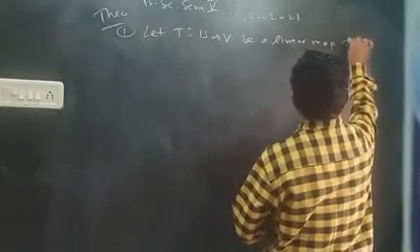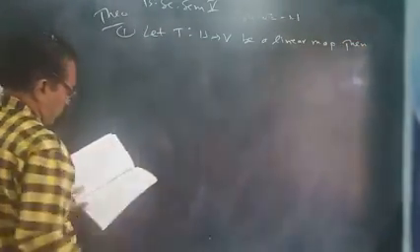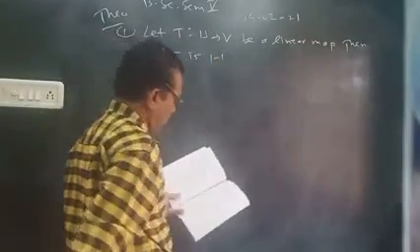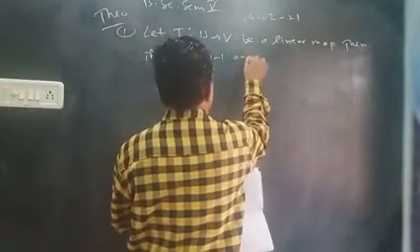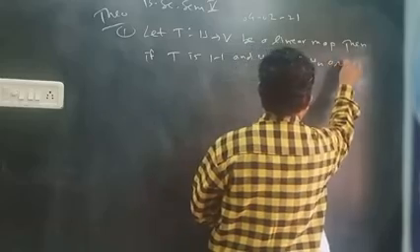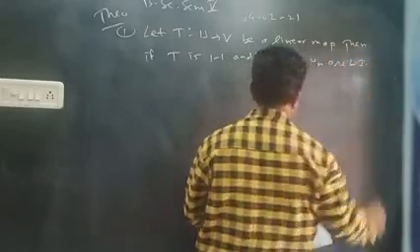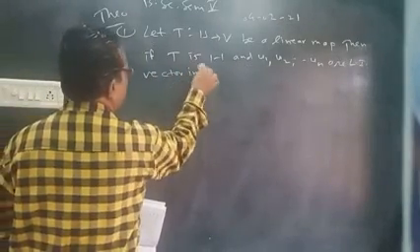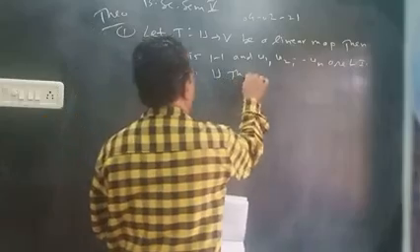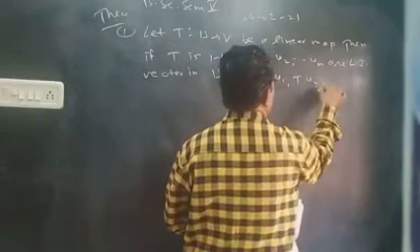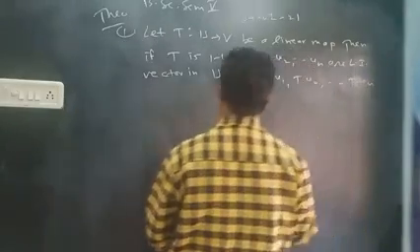Then if T is 1-1, and u1, u2, up to un are LI vectors in U, then T of u1, T of u2, up to T of un are also LI.